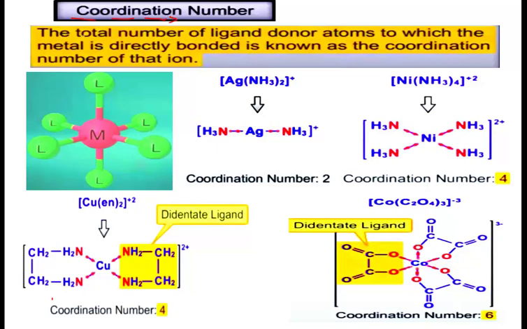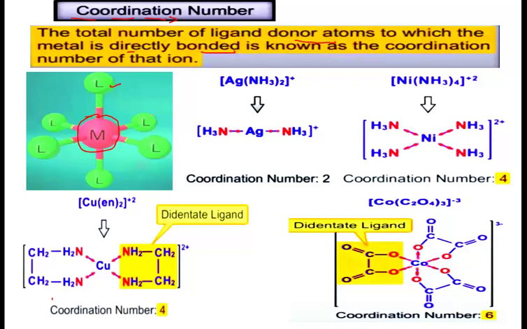What is coordination number? It is the total number of ligand donor atoms to which the metal is directly bonded. That will be known as the coordination number of that ion. Let us understand this by taking an example. In this figure, M is the central metal atom.